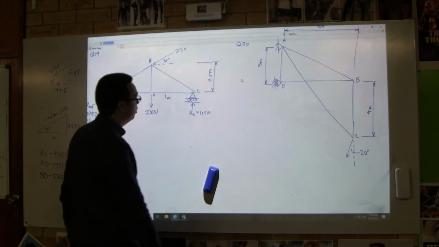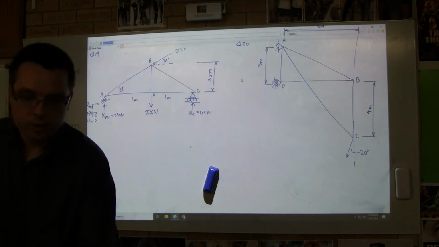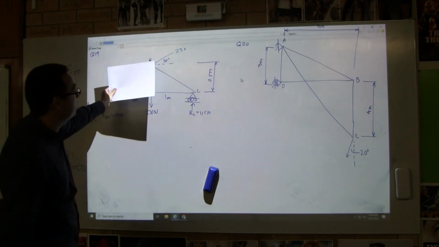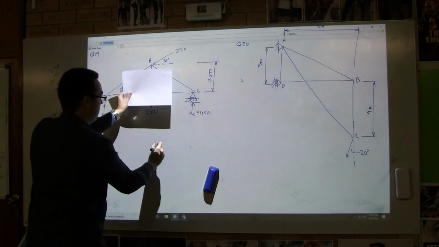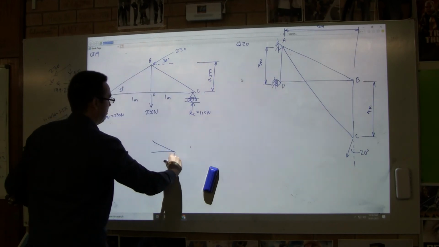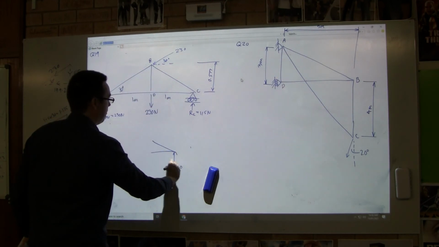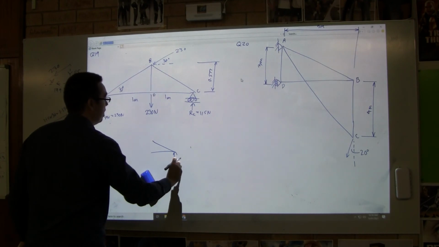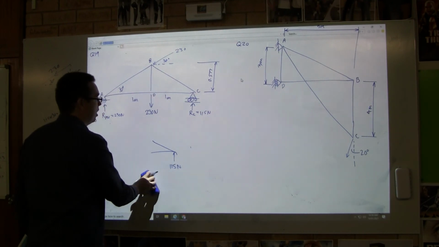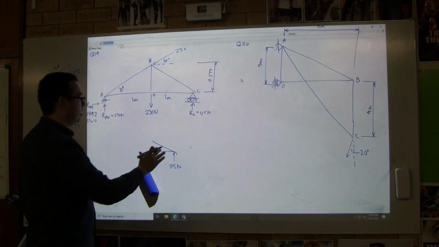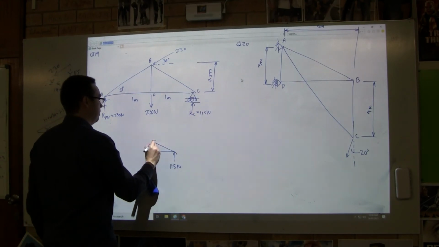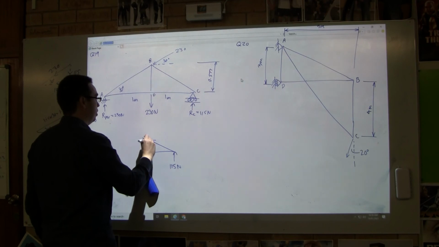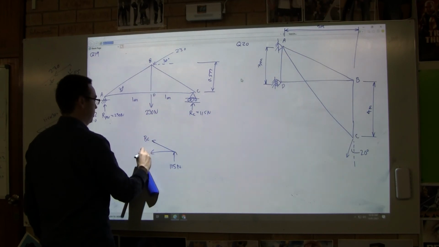So we're going to take a similar approach to the way we did the other one. We're just going to take a section, and this time we're going to take this side. Oh, sorry, whoops, I've said this is 115 newtons. So if we use our lone wolf method, what we can say is assume BC and CD.